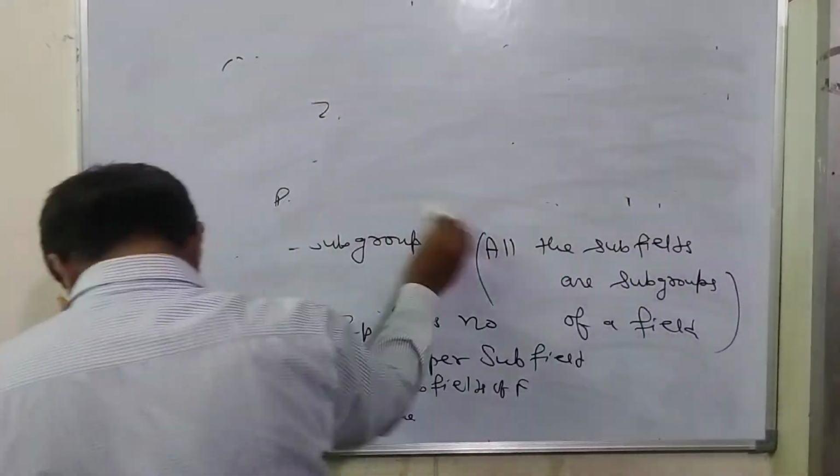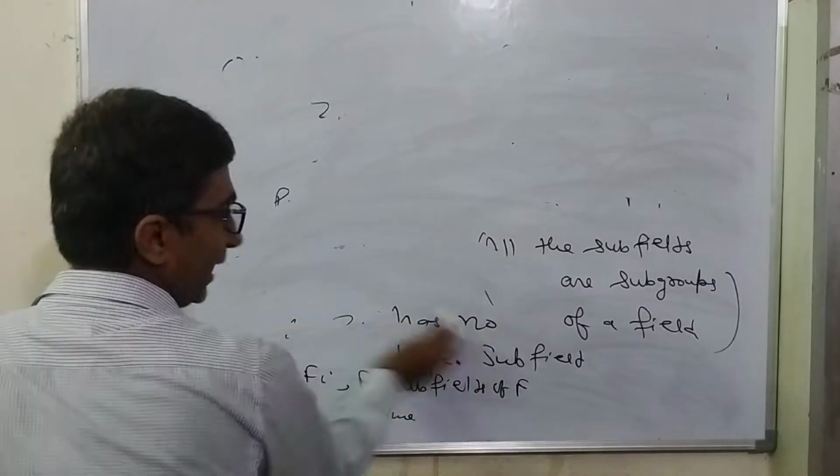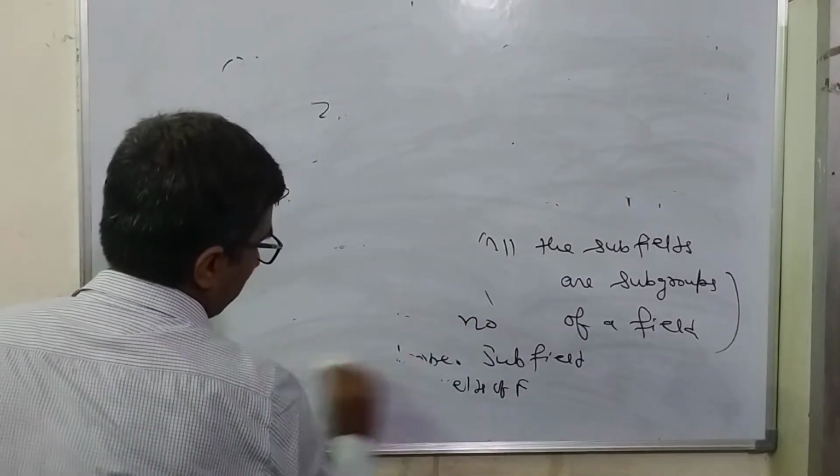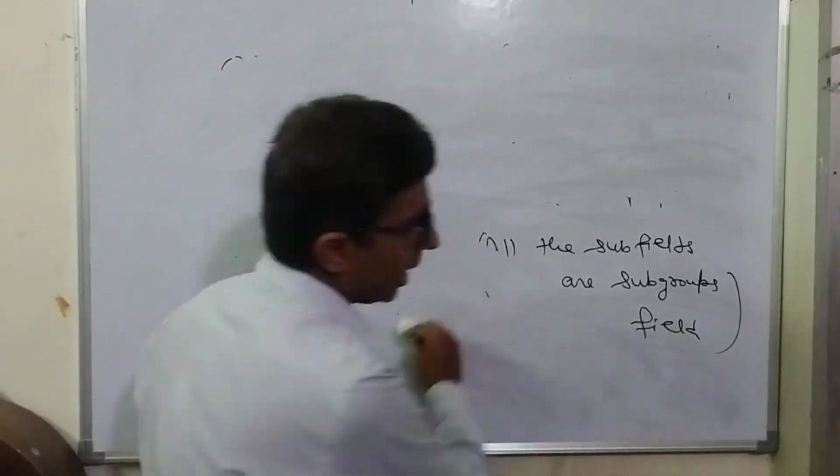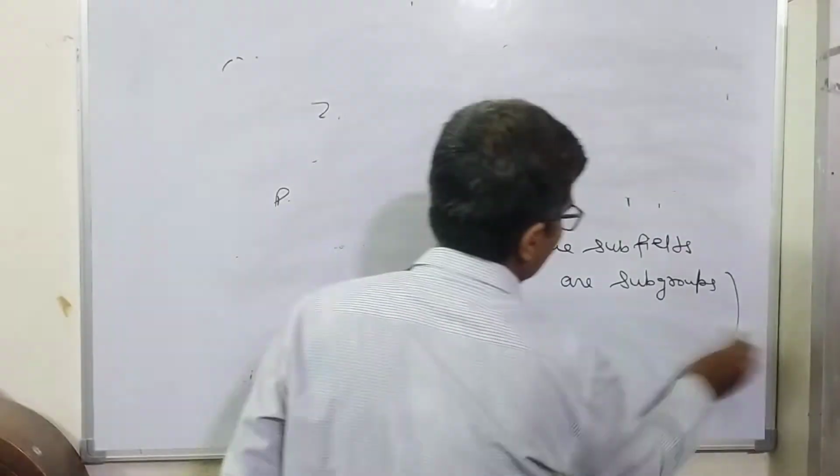Next, we will do one more example, the third example: Q, the set of rational numbers. This is also a prime field.